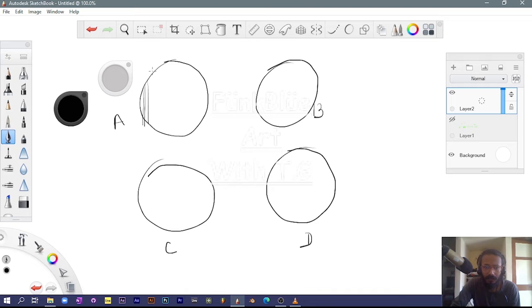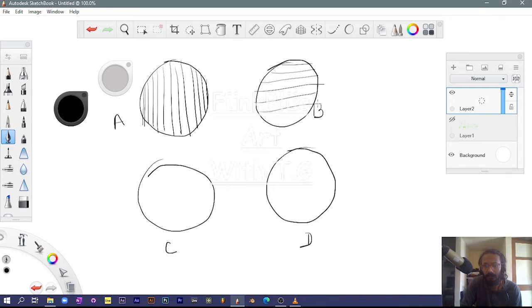In this circle we are going to use only vertical lines, and here we will use just the horizontal lines, right? And then here we use the diagonal line. Diagonal. Oh my god, it's really hard to sometimes pronounce English words. And then we have curved lines.